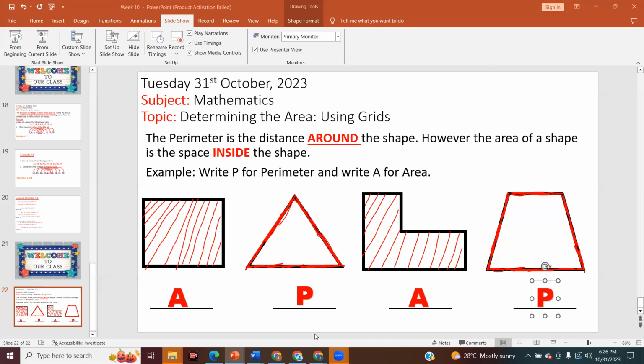Basically, the amount of space occupied by a two-dimensional figure. All right, so let's move on. Can we move on to the next slide, or you're done with the slide? You can move it.